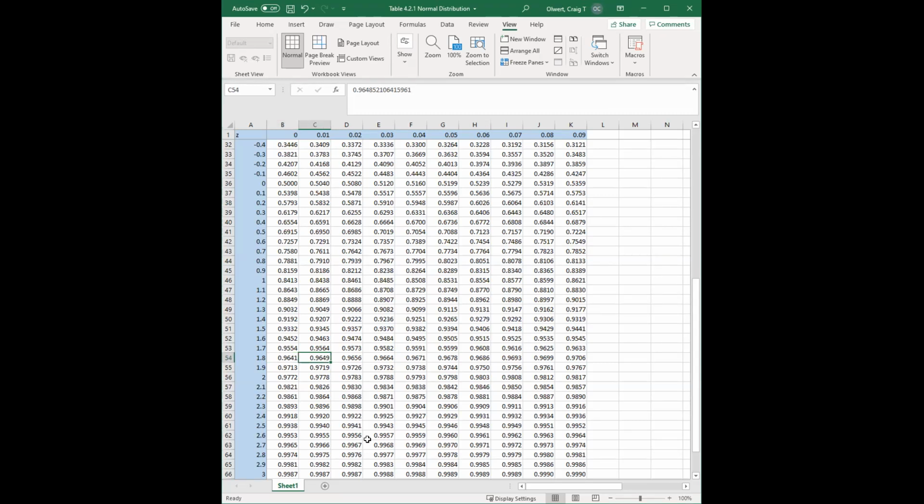The second column is 1.81. The third column is 1.82. And the fourth column is 1.83. We get a value of 0.9664. So the area to the left of z equals 1.83 is 0.9664. Now I'm going to stop sharing and go back to the pad.